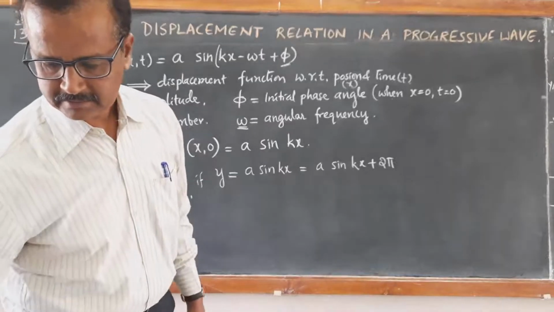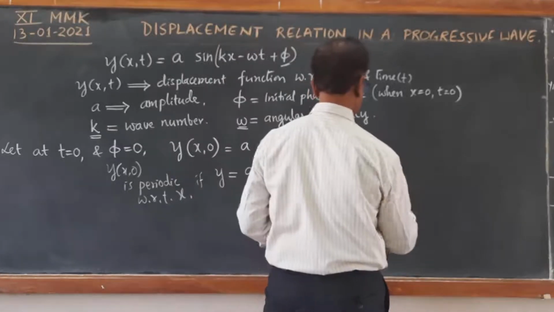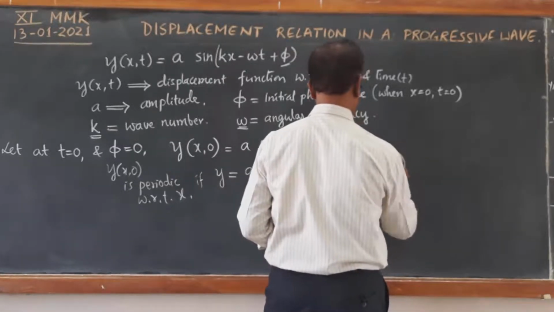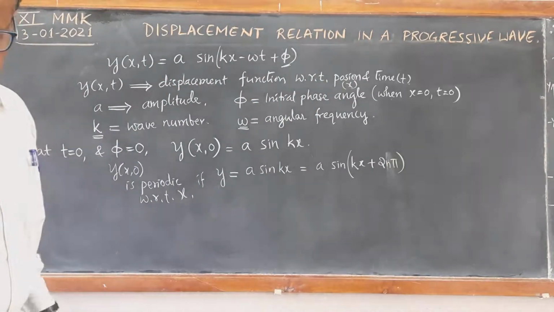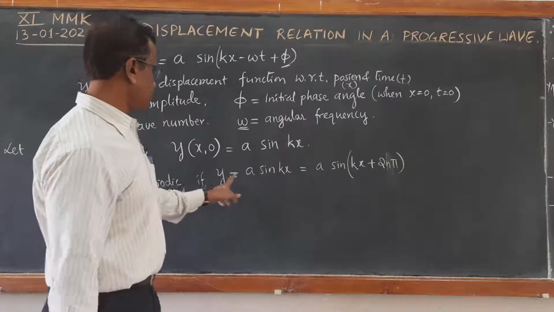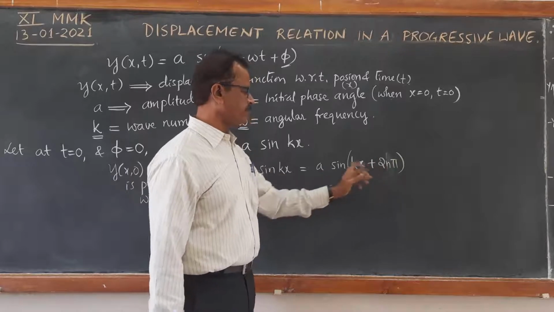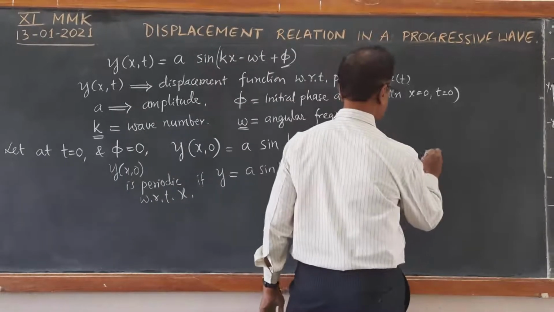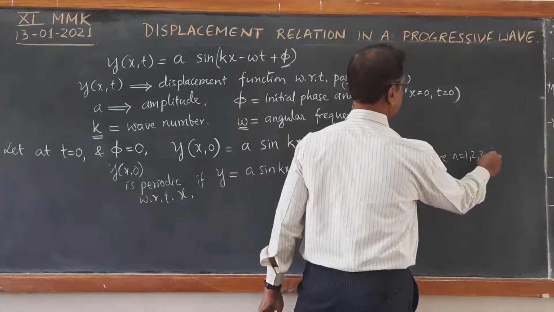So I will write here kx plus 2n pi. Then what do you get? We get the same value. y is equal to a sin kx, that is equal to a sin(kx plus 2n pi), where n takes values 1, 2, 3 and so on.